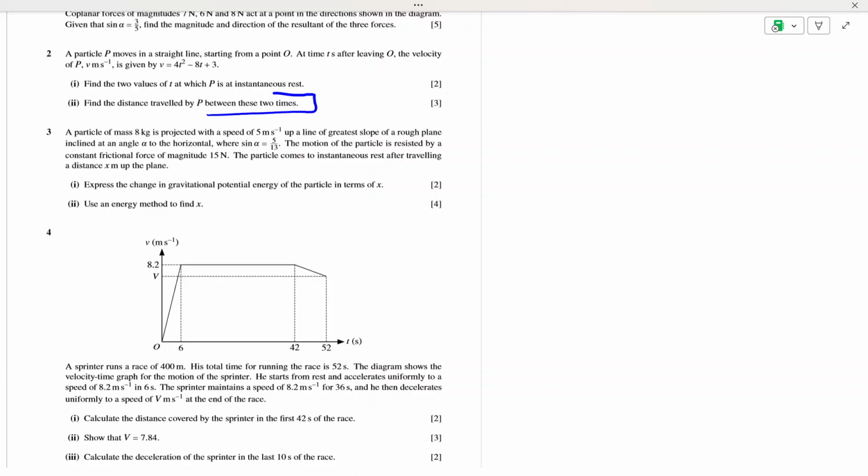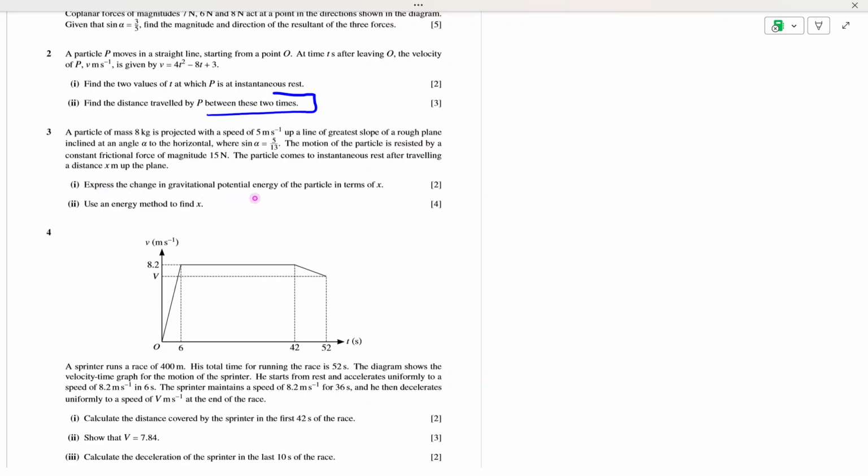So the question continues. The motion of the particle is resisted by a constant frictional force of magnitude 15 newtons. So 15 newtons is acting against the motion of the mass. The particle comes to instantaneous rest after traveling a distance x up the inclined plane. Part 1.